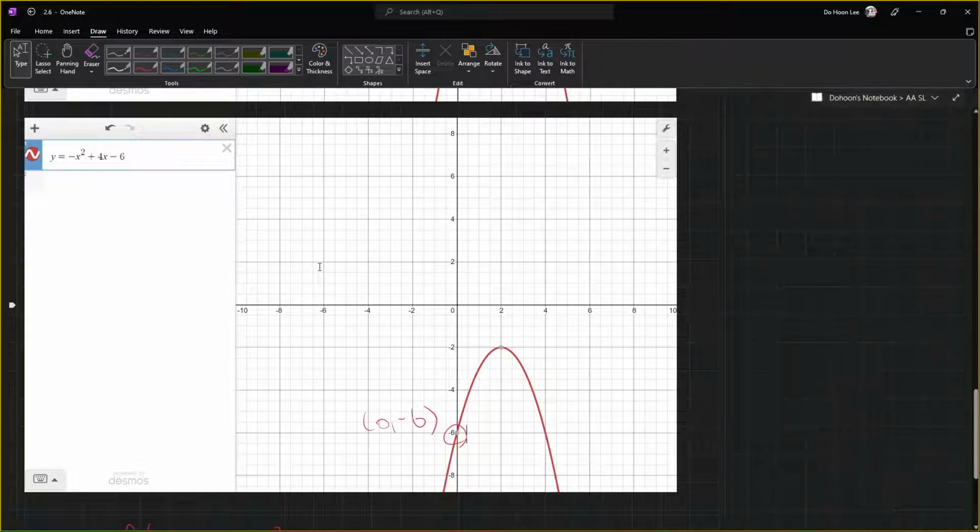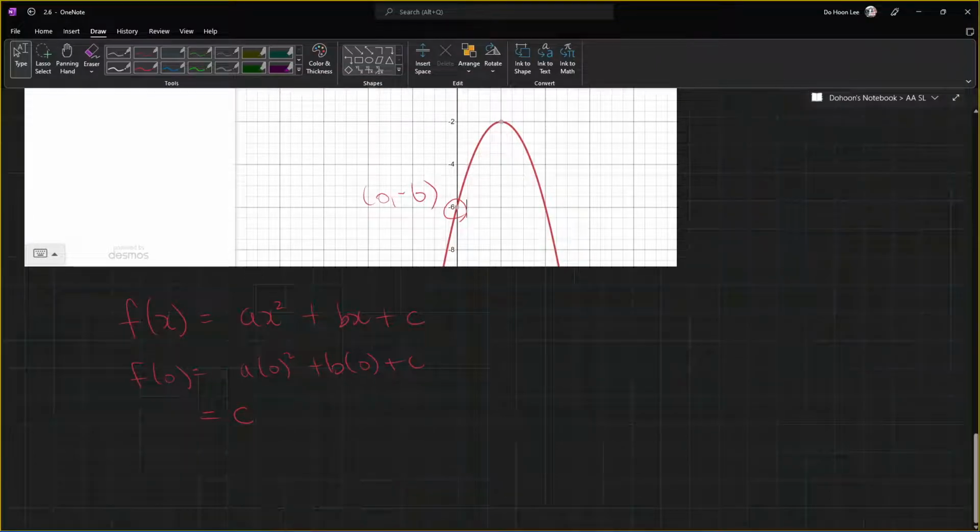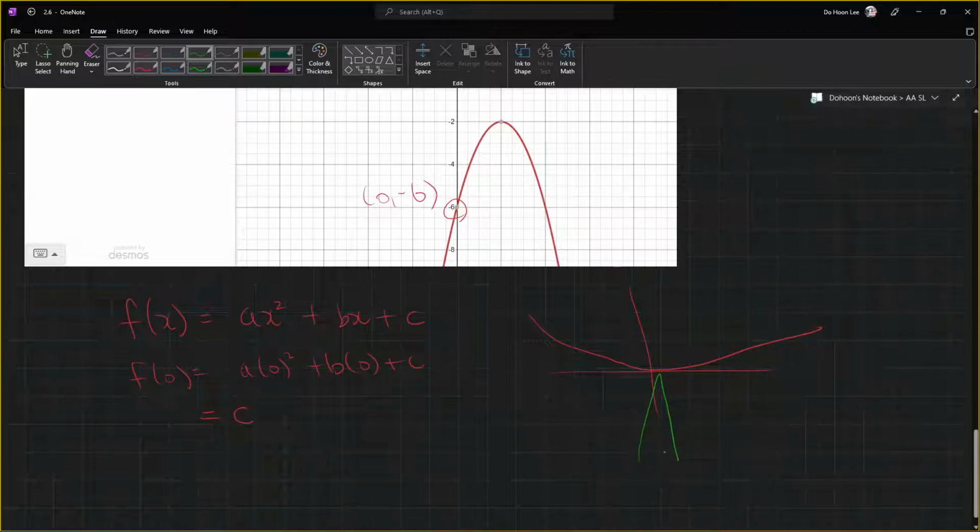If the value is between 0 and 1, the function is wider. For example, I could have a function that looks like this, wider. If the value is greater than 1, the function is narrower. Like that. It works similarly to how the gradient of a linear function determines the steepness of the function.